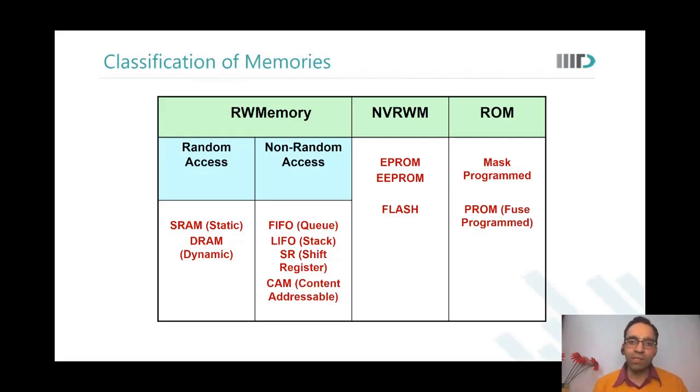What are EPROMs and EEPROMs? Electrically programmable ROM and electrically erasable and programmable ROM. So flash is actually an EEPROM only, a different kind, a different density. We will look at it in detail in the later part of the course.